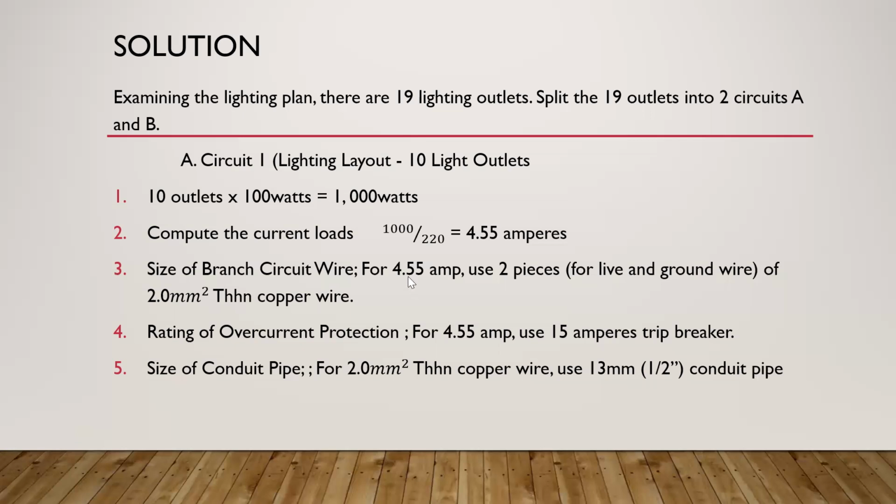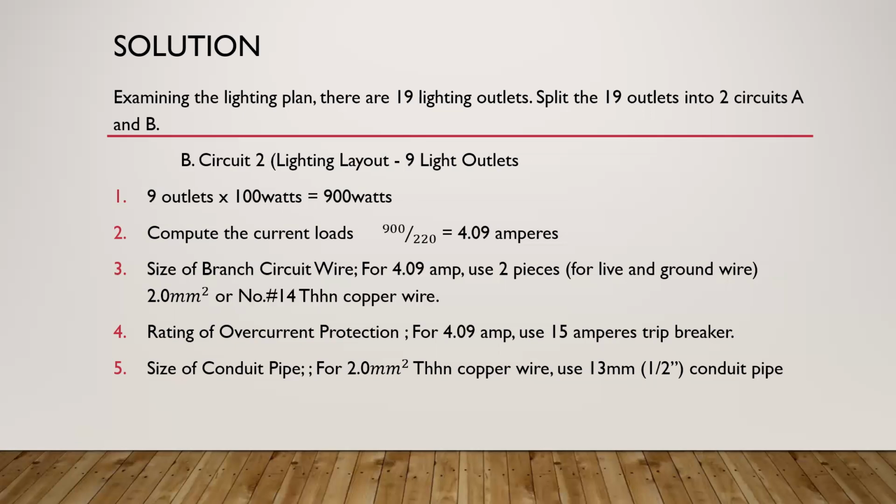Okay. Next is for circuit number 2, which has 9 light outlets. So medyo mas mababa yung value nito or yung ating current load. Pero since same naman sila, lighting outlets, and then yung kanyang minimum is 15 amperes, yung kanyang value is magpo-fall the same doon sa ating circuit number 1.